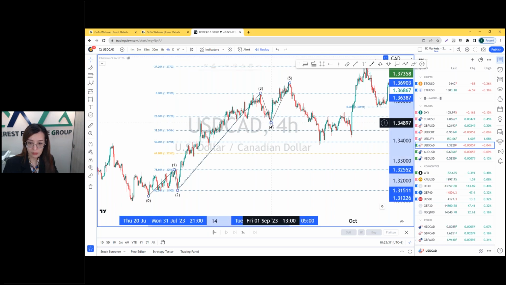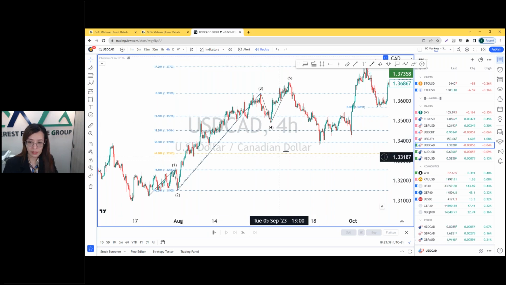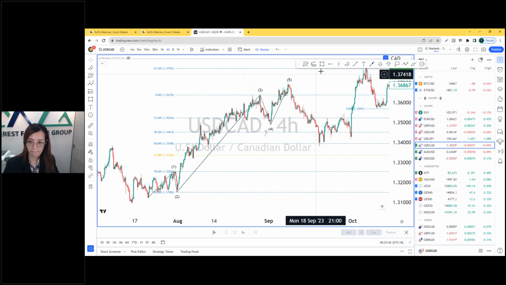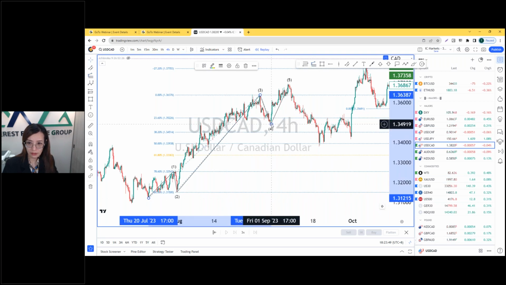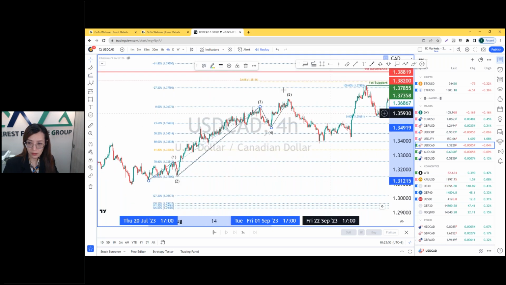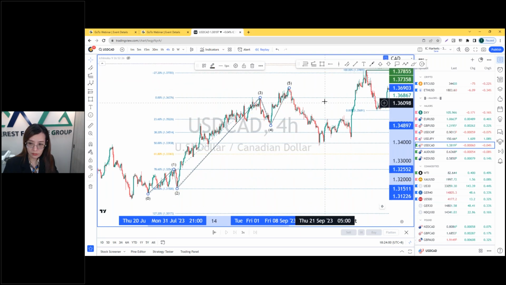What about wave 5? Wave 5 could use wave 1 plus wave 3 at 61.8%. In this case, it's here. That's too far, but in this case, it only ends with this one. That's possible because wave 3 is the longest one, compared to wave 1 and wave 5.